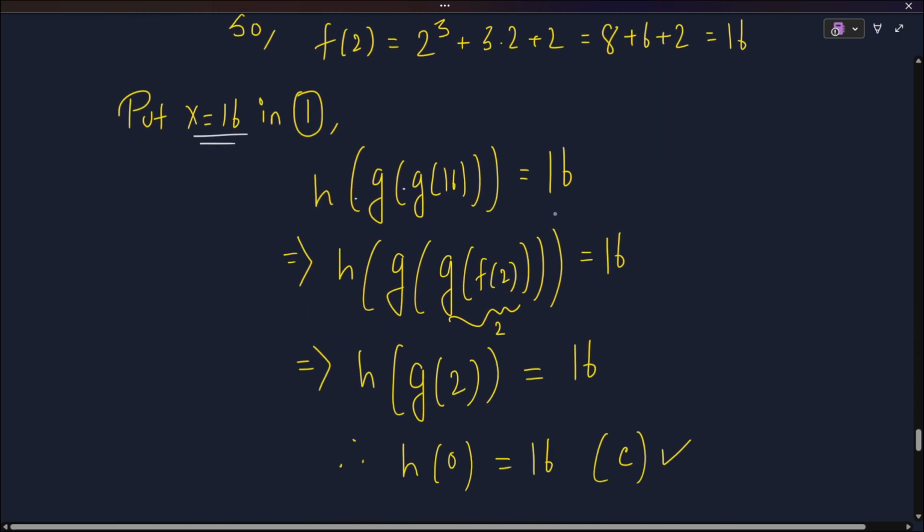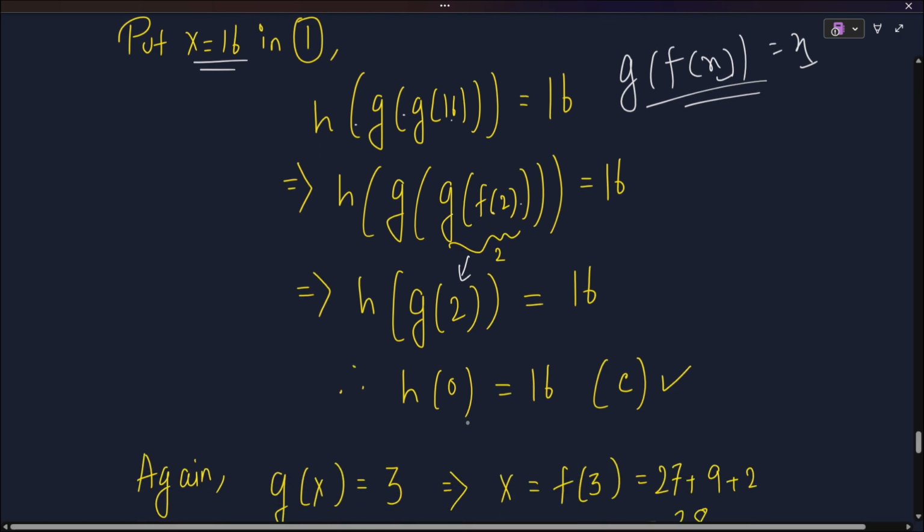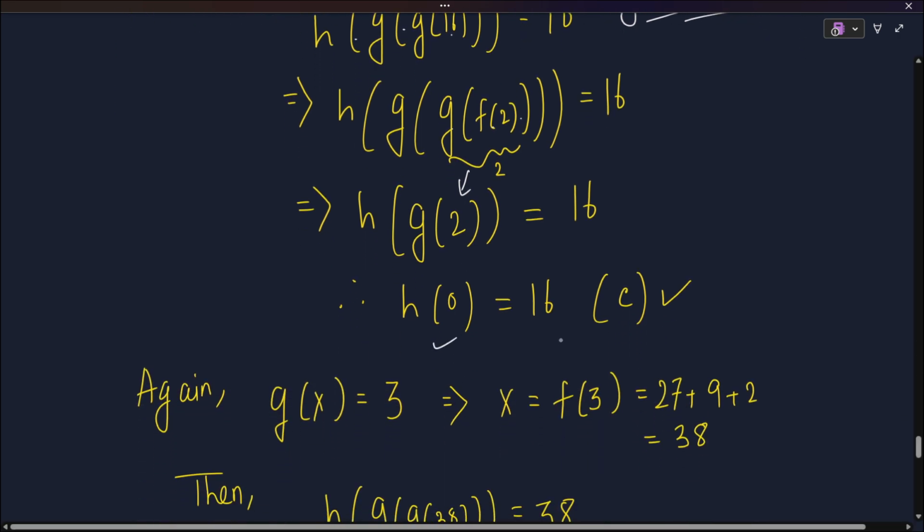If you do that, you simply get, since g of 16 is nothing but g of f of 2, which is nothing but 2, according to the relation g of f of x equals x. According to this relation, whatever you put in here as x comes out itself. So g of f of 2 would be 2. That leads us to this step, h of g of 2, but g of 2 is 0. So we simply have h of 0 equals c, and thus c is correct.